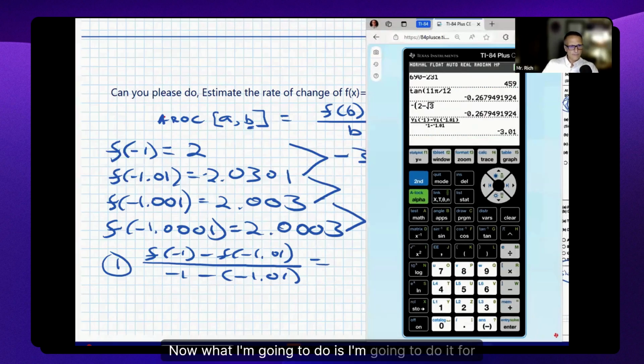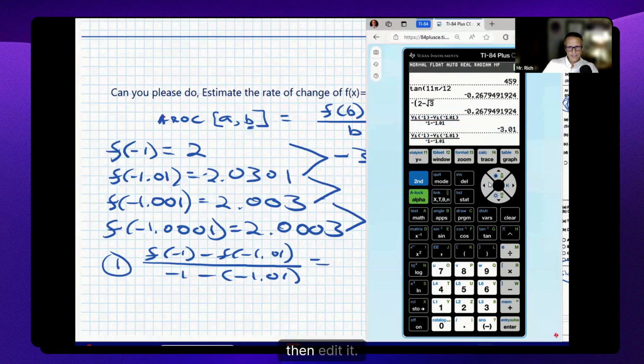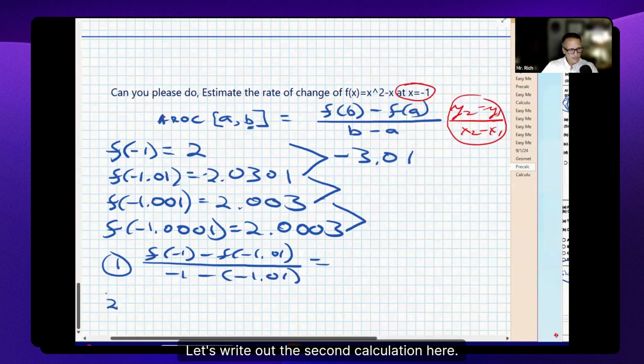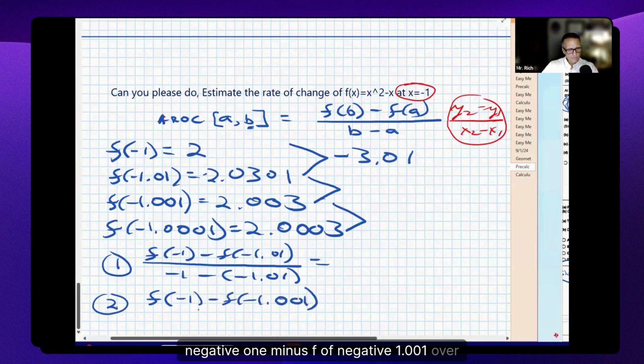Now I'm going to do it for the next one. So I'm going to scroll up, highlight what I just did there, hit enter and then edit it. Now I'm going to use these 2 points. The second calculation is going to be f of negative 1 minus f of negative 1.001 over negative 1 minus negative 1.001.